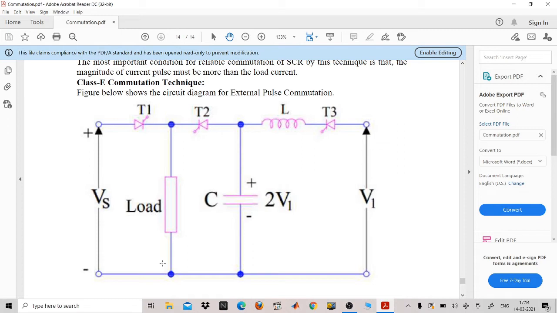It means a load current will flow through it and you will get a voltage. Now your SCR is running, which means SCR is in the on state. Now if you want to turn off this SCR, then we have used a larger circuitry, that is T2, T3, L and C. How this arrangement will help us to turn off the main SCR, we will try to understand in a few minutes.